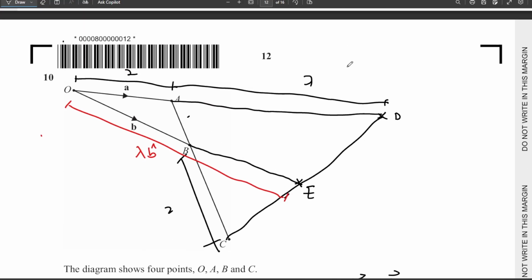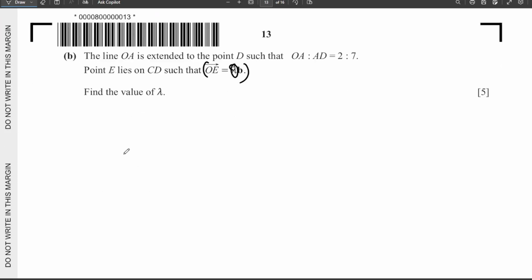To go to E, we can go from O to D, then D to E. So let me write it down. OE equals OD plus DE.